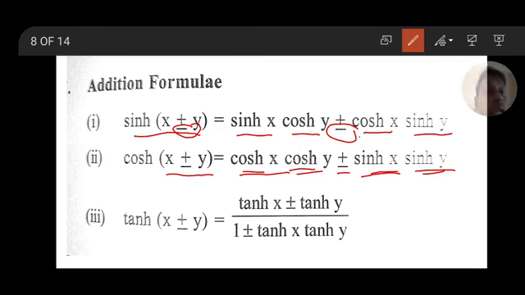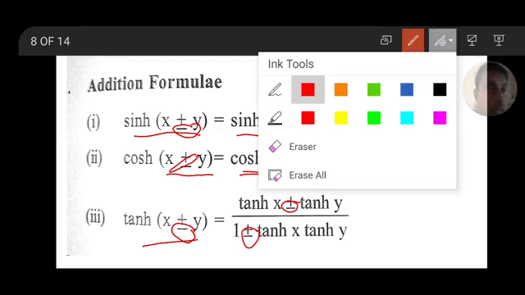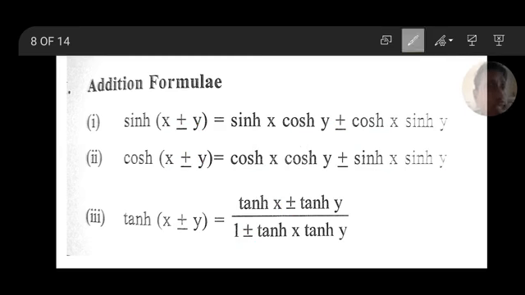Means if plus, then plus; if minus, then minus, accordingly. Tanh of x plus or minus y equals tanh x plus tanh y by 1 plus tanh x into tanh y. If you take minus, here also both the terms in the numerator and denominator must be minus. Okay. Total 6 formulas.